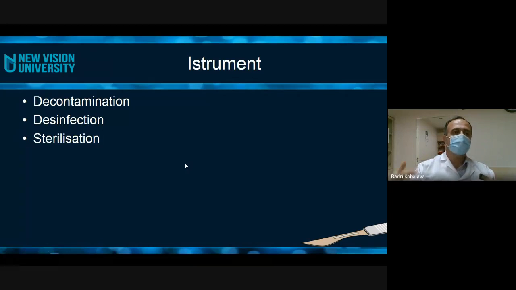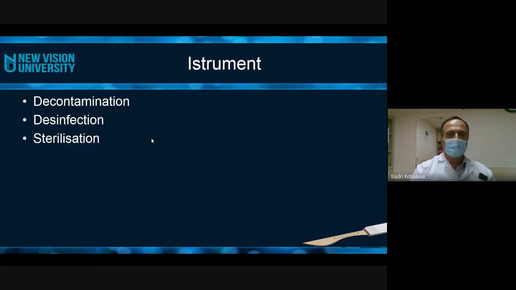We use two kinds of instruments: single use instruments and reusable instruments. Single use instruments must be discarded after a single use, like syringes, okay? But reusable instruments must pass through three stages. First is decontamination. The instrument is soaked in the antiseptic solution.